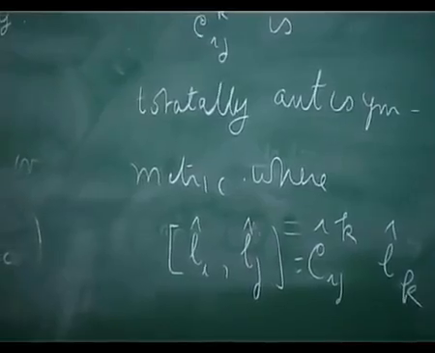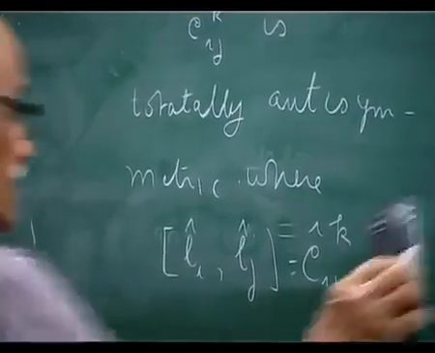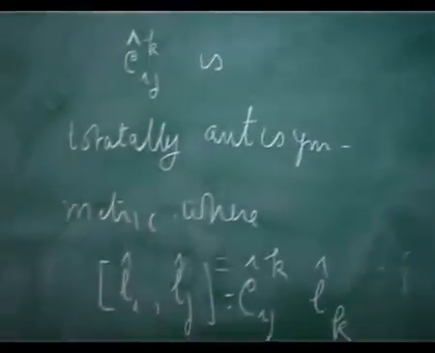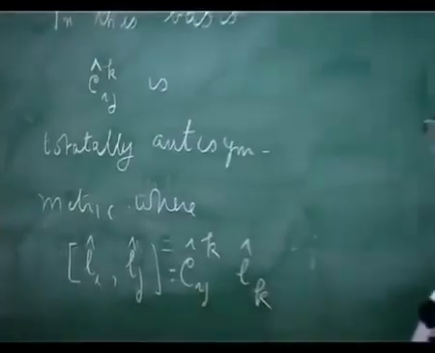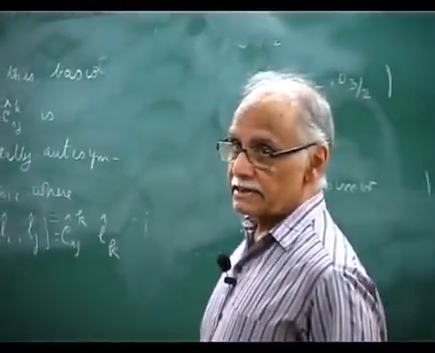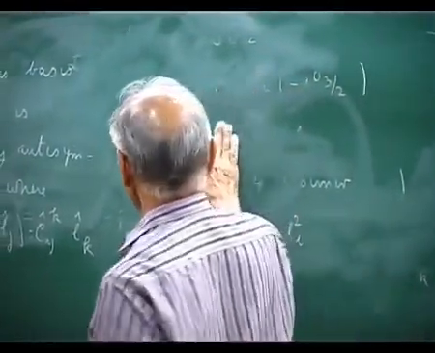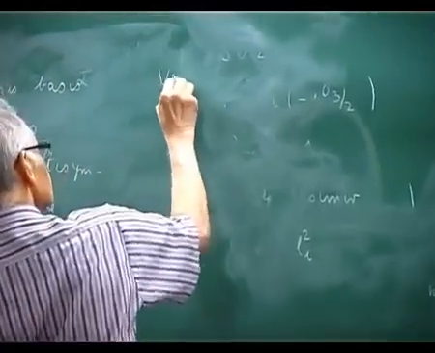So in this particular basis, this C hat looks like a Levi-Civita symbol on the tangent space. And this result is very important.